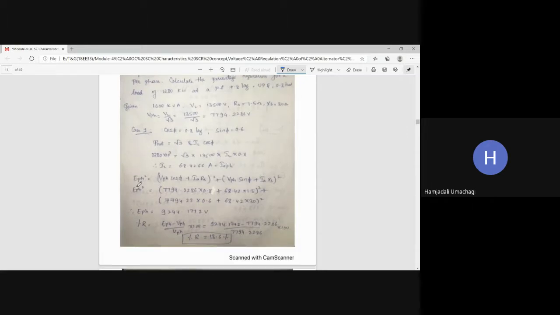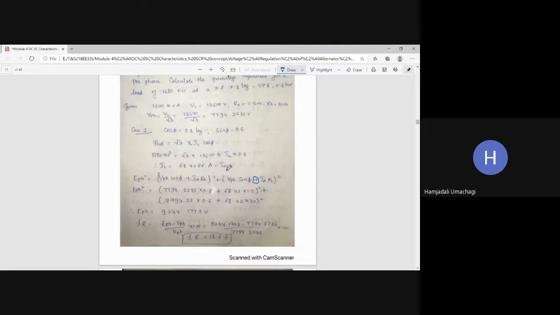Now in the same line, you calculate EPH. EPH is equal to square root of (V phase cos phi plus IRA) whole square plus (V phase sin phi plus IA into XS) whole square. Since it is lagging power factor, take plus sign. VPH is 7,794.94, cos phi is 0.8, IA is 68.4266, RA is 1.5.